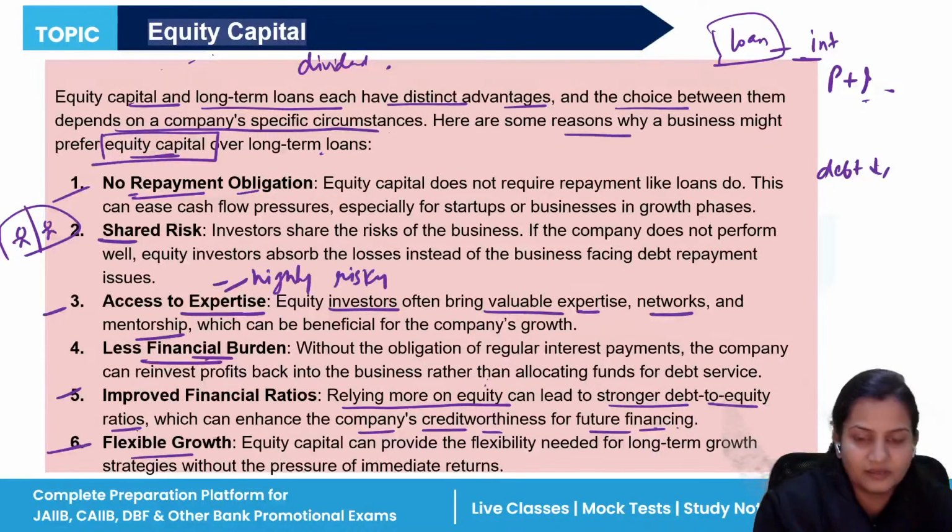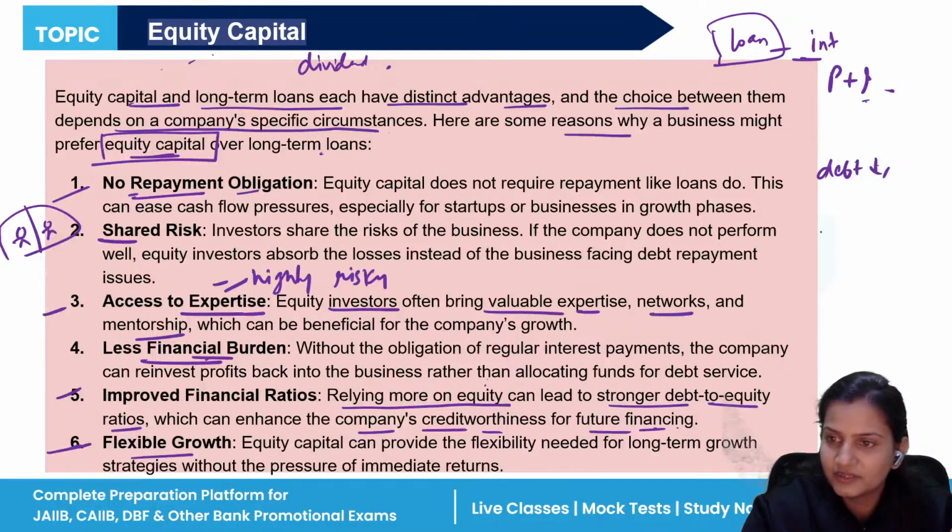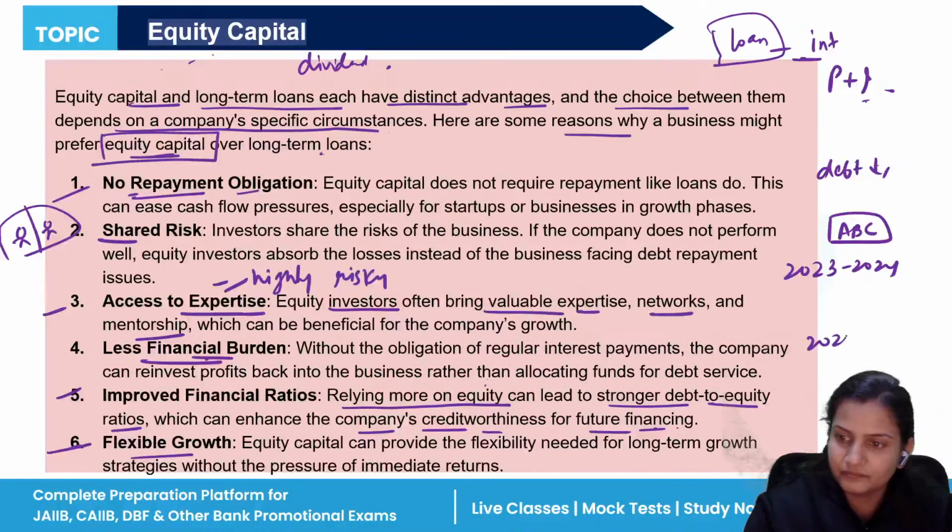Flexible growth: there is flexibility for long-term growth and strategies. Why? Because there is flexibility. Suppose ABC Limited, the example which I have taken, in the year 2022-23 made a profit of 1 crore.